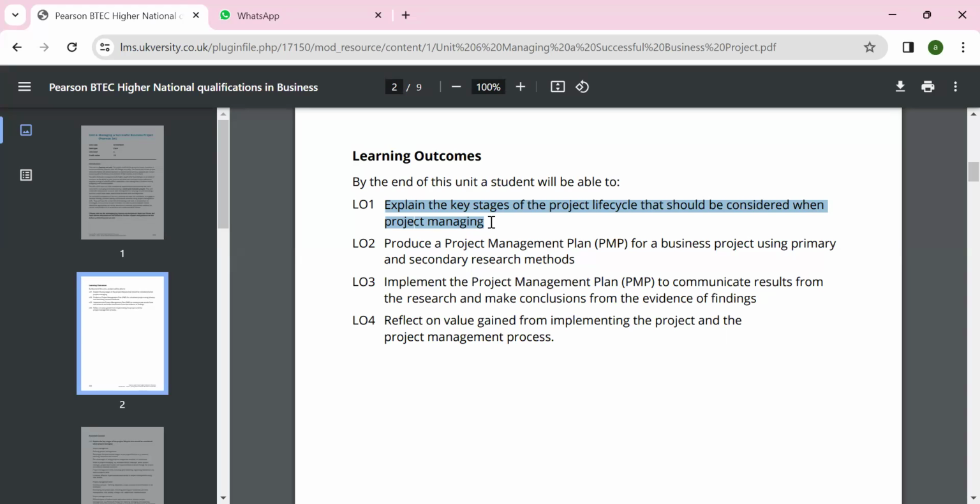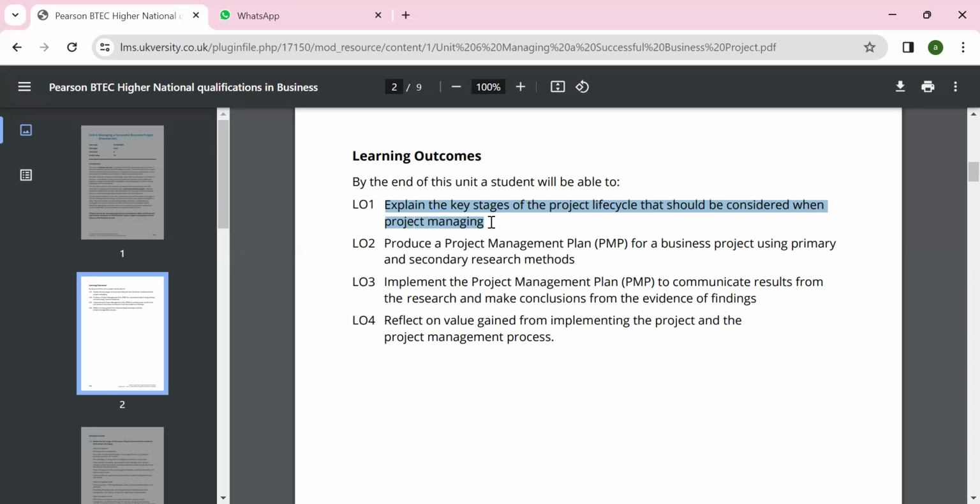Then the second lesson is about primary and secondary activity. Primary is first-hand information, secondary is published information. Then the third lesson will go through the project management plan: how we can plan, what sort of plan it is, where you are, and what you want to do.